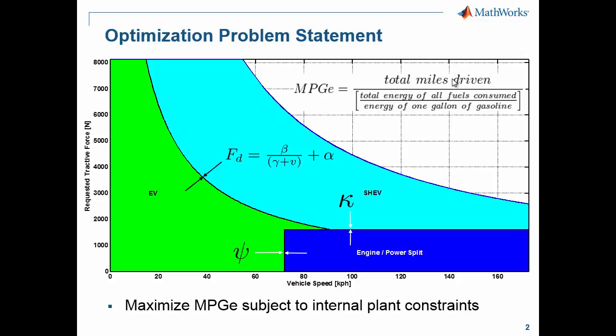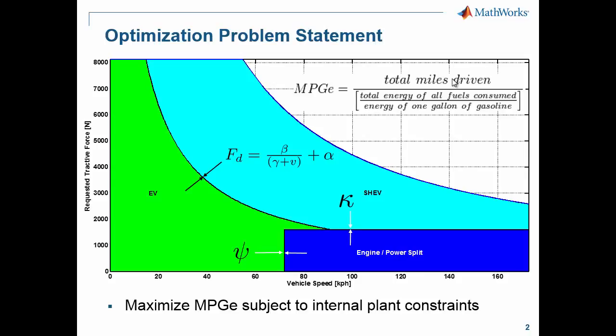Instead of defining the mode transition curves through tabular points, I've greatly reduced the design space by defining the boundaries as analytic expressions. For example, this function FD defining the EV to serial hybrid electric vehicle mode as a function of beta, gamma, and alpha, and the overall vehicle velocity at a given instant in time.